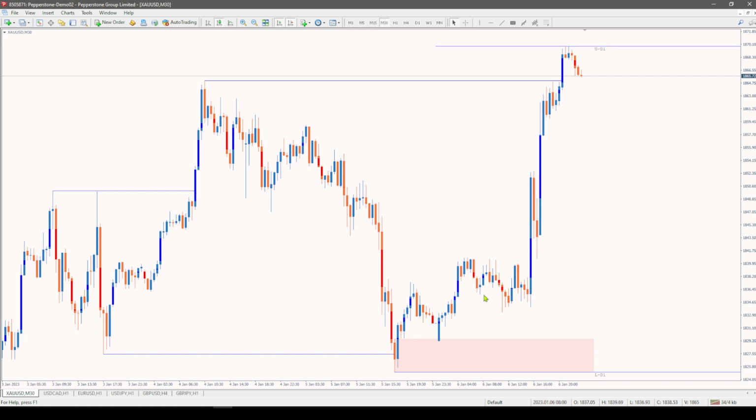Listen guys, I didn't add any buy signal or sell signal. If you follow that kind of signal, you are not going to be a good trader. Trust me. I made this indicator just to understand the market movement and the imbalance.